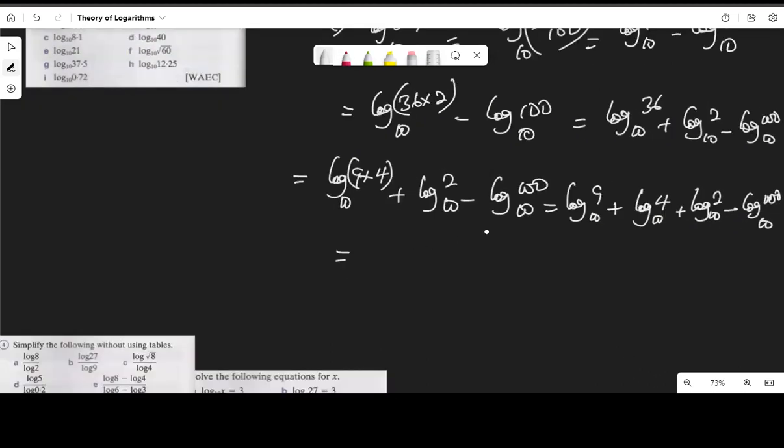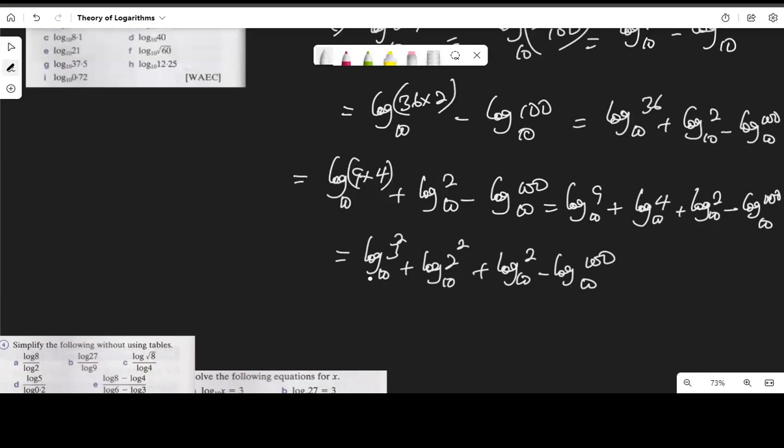Here we have log 9, which I write as log 3 squared, plus log 2 squared, that's 4, minus log 100.